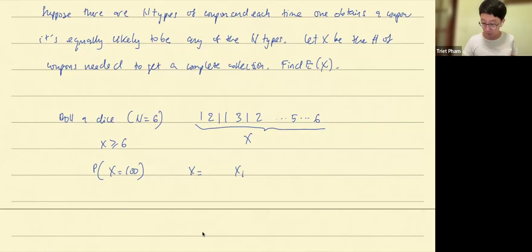So you see here, it probably will take you a little bit of time to think about it, but you just look at the collection process and what do you have? First coupon, you will immediately have the first type. It may not be 1, it can be 6, but that's the first type. And then it may repeat for a while, who knows? And then you will collect the second type.